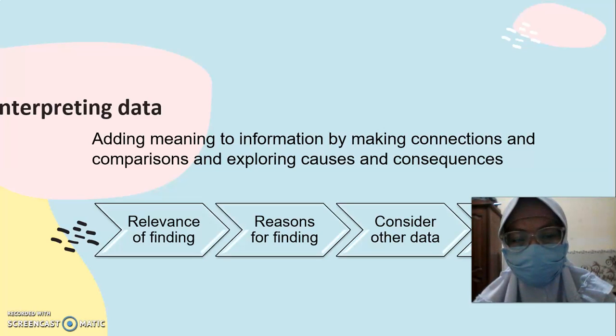So interpreting data is adding meaning to information by making connections and comparisons and exploring causes and consequences. Interpreting data has to consider the relevance of findings, reasons for findings, other data, and further research.